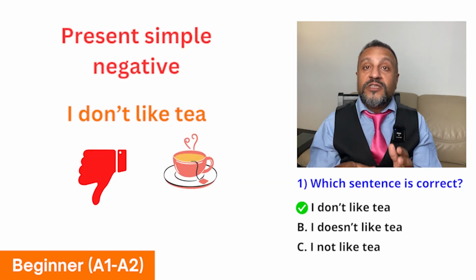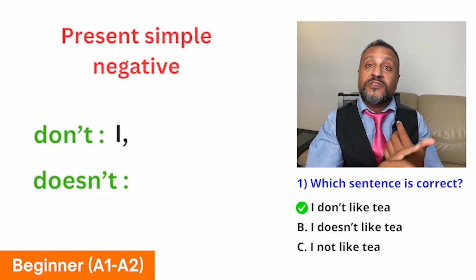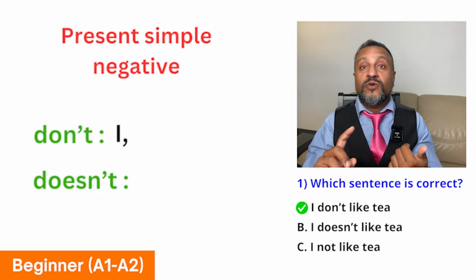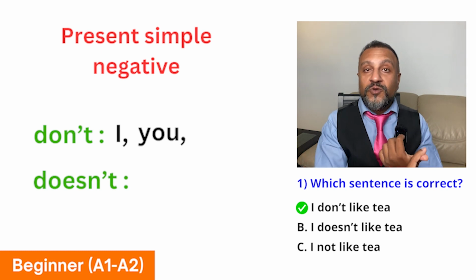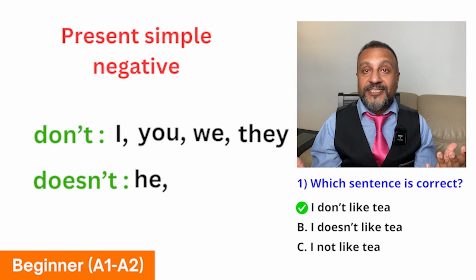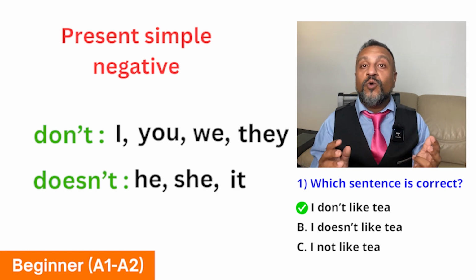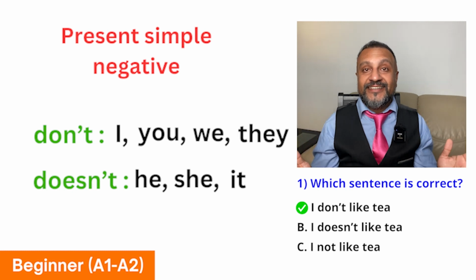Here we use the present simple but negative. So we have don't and doesn't. For don't, we can say you don't, we don't, they don't. For doesn't, we can say he doesn't, she doesn't, or it doesn't.